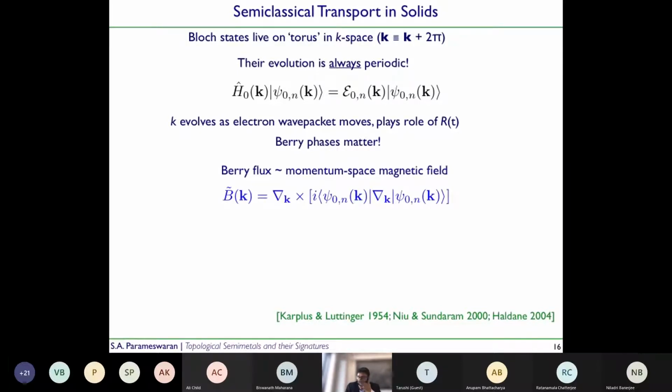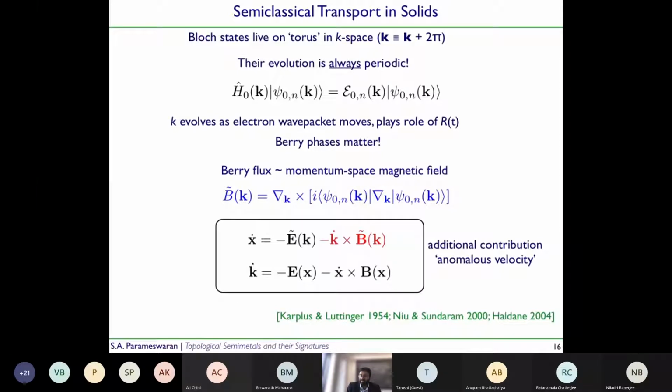So in this language, k is playing the role of r(t), and let me think of a two-dimensional Brillouin zone in general. There's a wave vector k. I can take a gradient with respect to k and write down a curl. This works in other dimensions, but it is particularly nice in 2D. I can define a Berry flux B(k) as the curl of this vector potential, which is my A_n(k) that I defined.